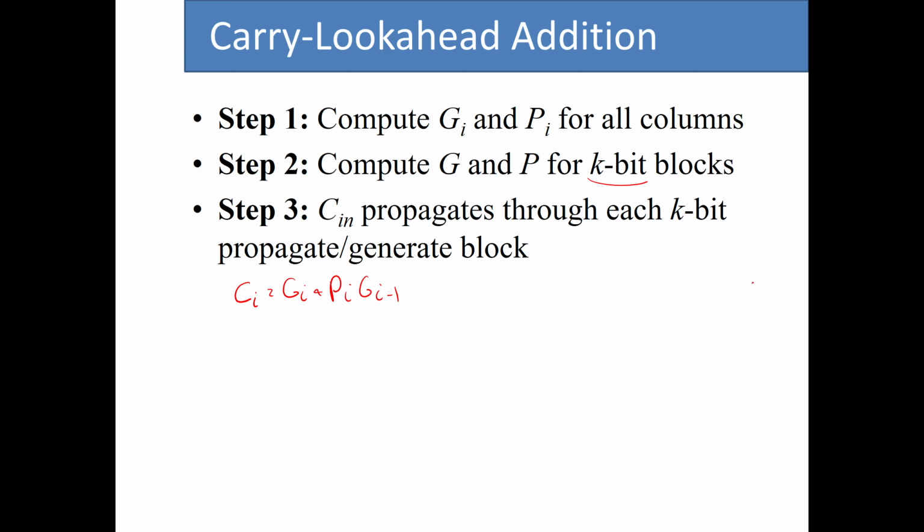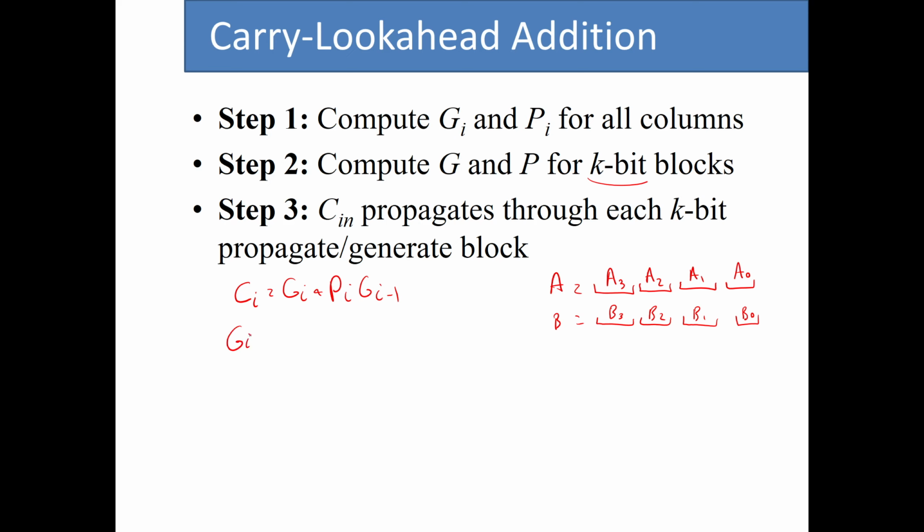So let's assume we want to do the calculation for a summation of two 4-bit numbers. This one is 4-bit, this one is also 4-bit. So we have A and B, the bits are A3, A2, A1, and A0, and this one is B3, B2, B1, and B0. The first step is to calculate the generate signal and the propagate signal for all of the columns.